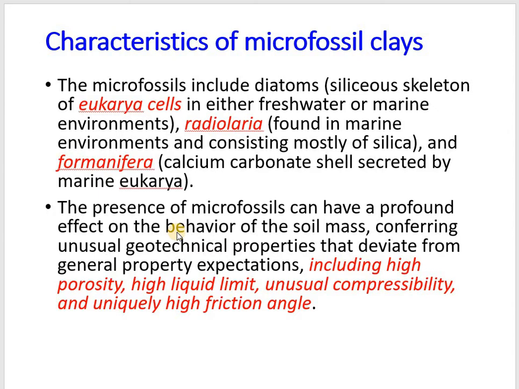Another is the foraminifera category, the calcium carbonate shell secreted by marine eukarya. This is more on the biological side, so for understanding you can search about eukarya cells, radiolaria, foraminifera, etc.